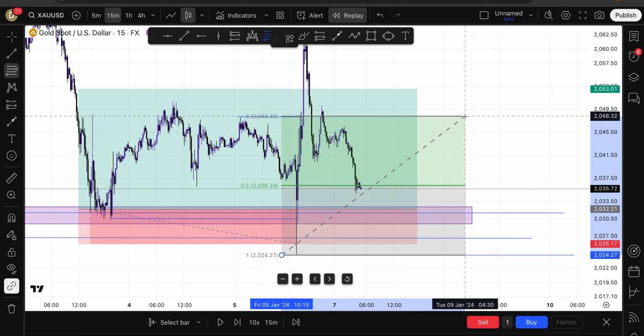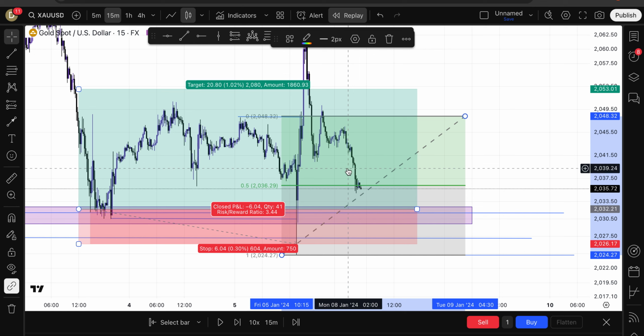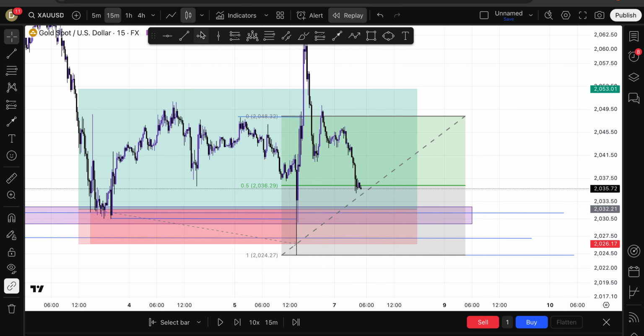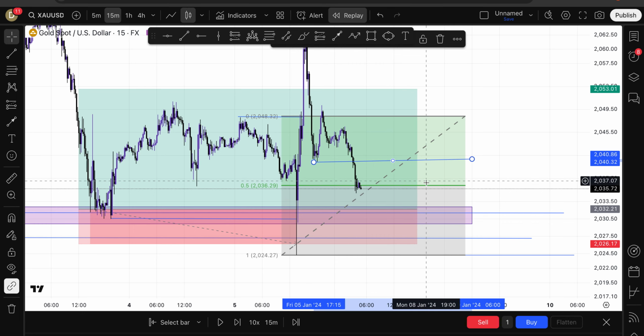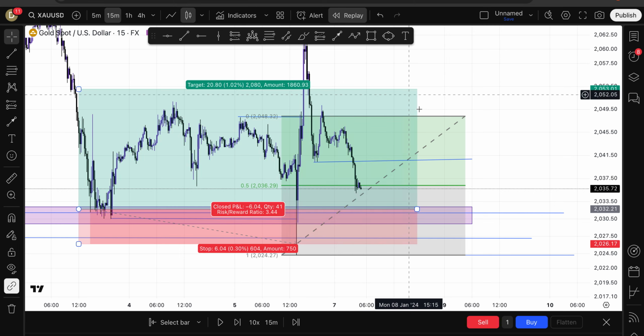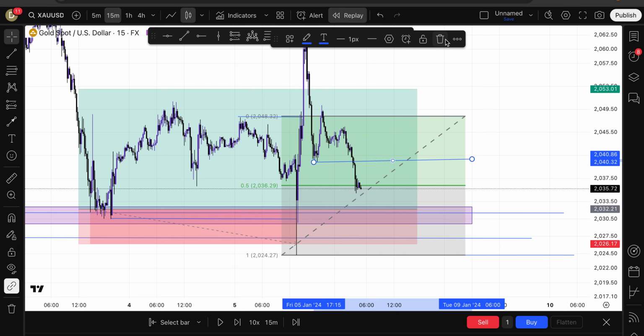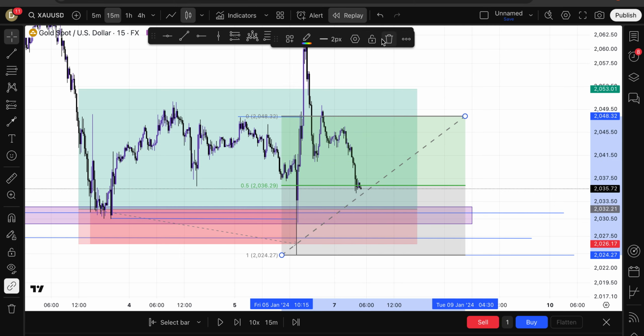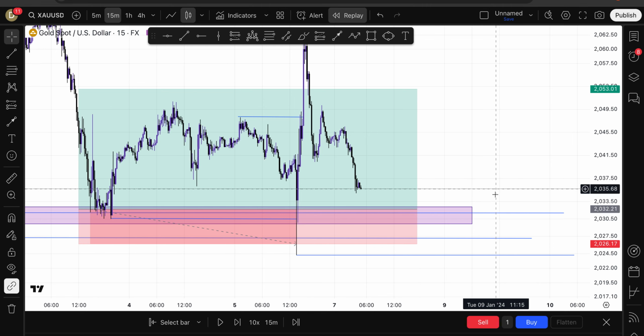If I use this as a structural liquidity, it's not even close to this 50%. So I don't see the need of going into this trade. I'll just watch how it unfolds.